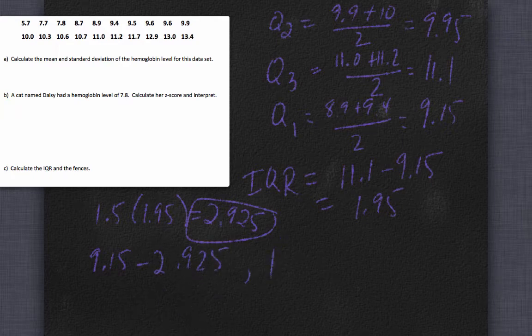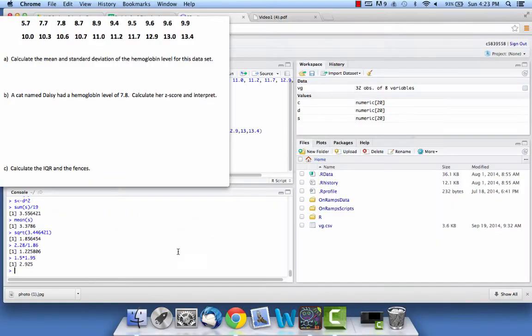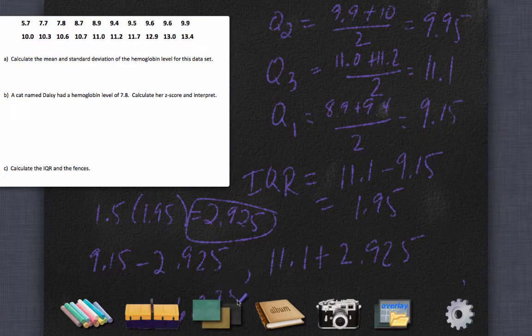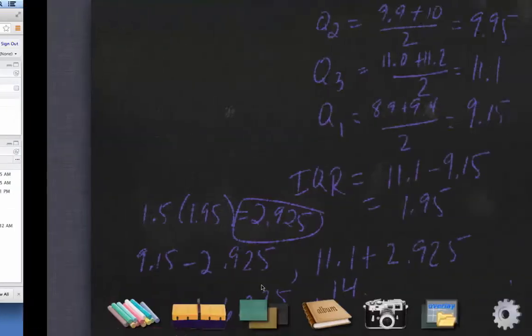And we'll start at Q3 and add that much. So 6.225 and 14.025.